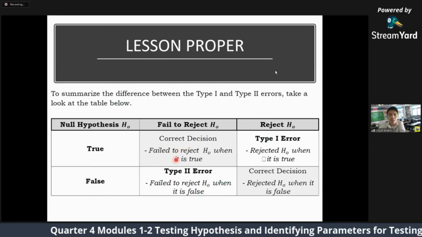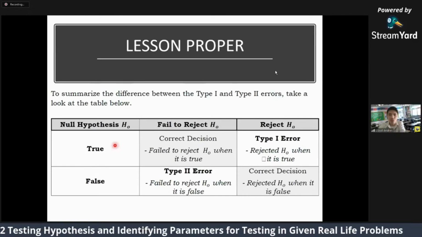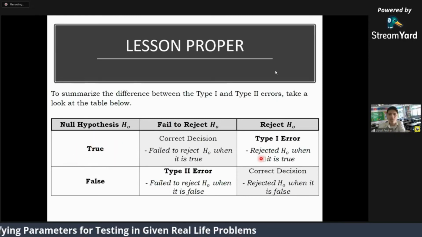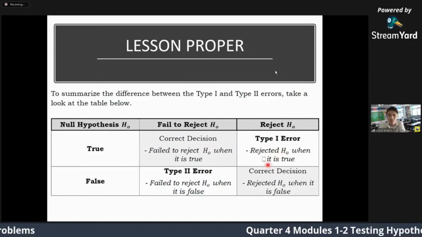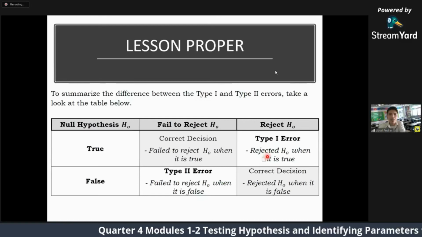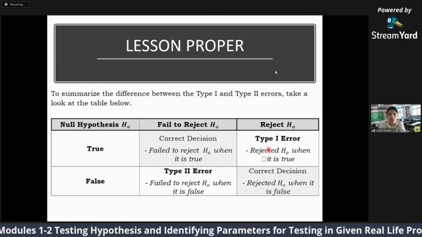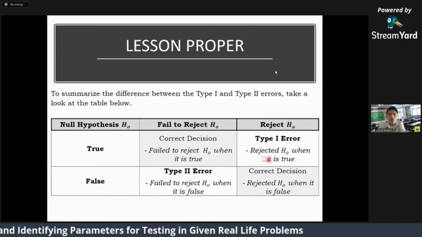But if true imong null hypothesis, pero pag experiment nimo ang nilabas kailangan nimo i-reject si null hypothesis, then that is a type 1 error because possibly mali imong pagka-experiment or mali imong na-collect na data. So nakakommit ka og type 1 error. Na-reject nimo si null hypothesis where in fact it is true.